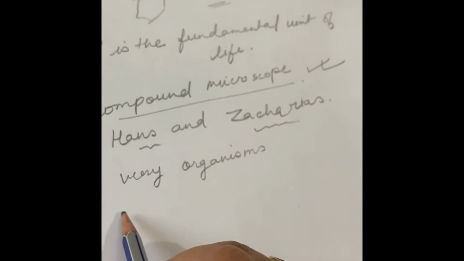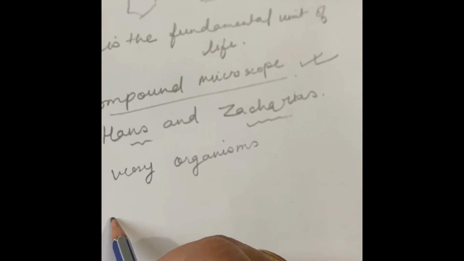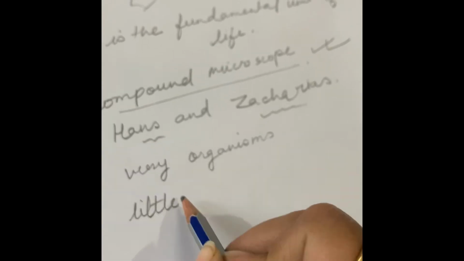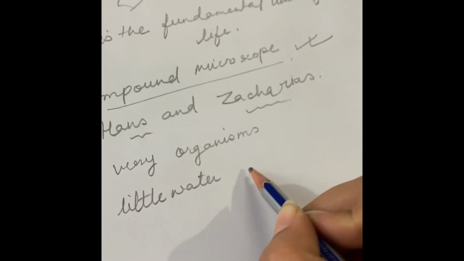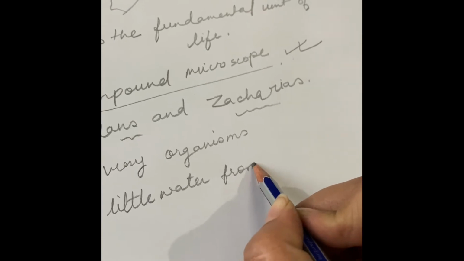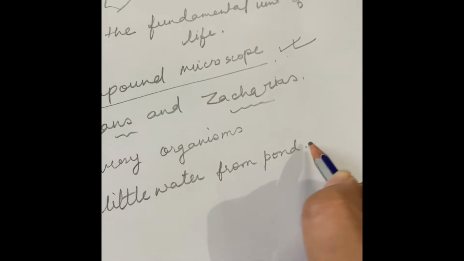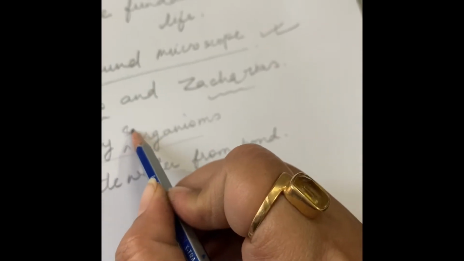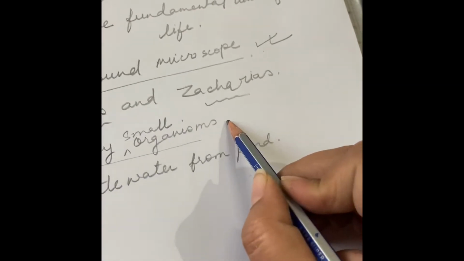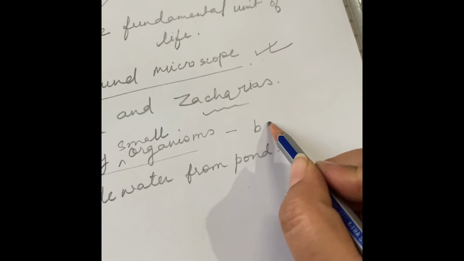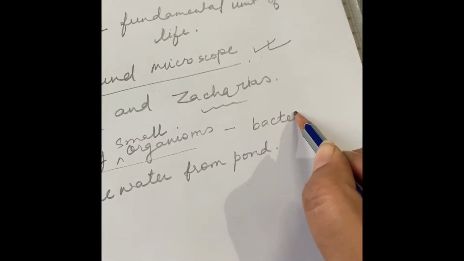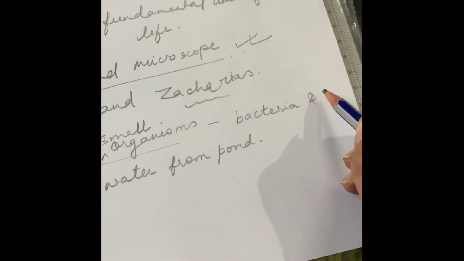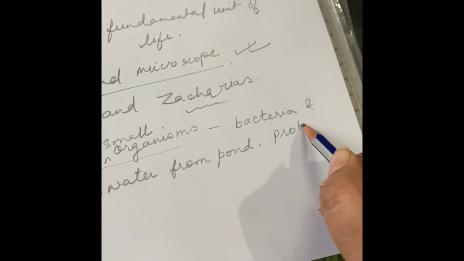They had taken a little bit of water from a nearby pond. They observed it. They could see very small organisms. What they were viewing were bacteria and protozoans.